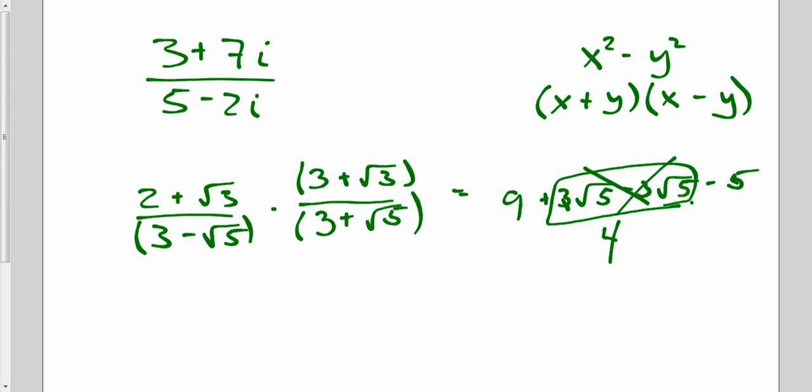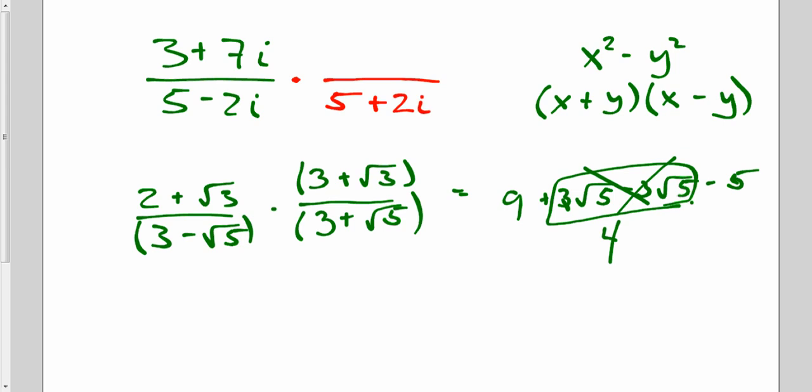I can do the same thing up here. I'm going to erase all this stuff. Alright, I'll do this. What do you think I should multiply the denominator by now to get rid of this guy? 5 plus 2i.